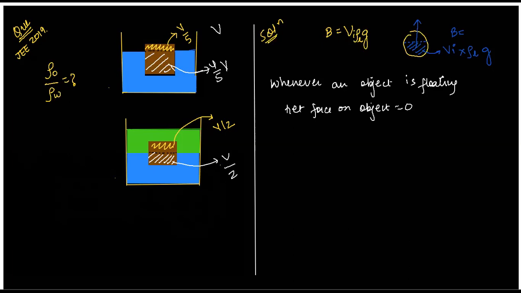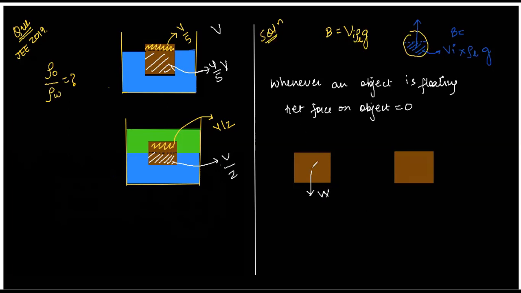Now, since the net force on the object is zero, tell me what are the forces acting on the body in the first case and the second case. Yes, one is buoyancy and the other is the body's weight. Am I correct?